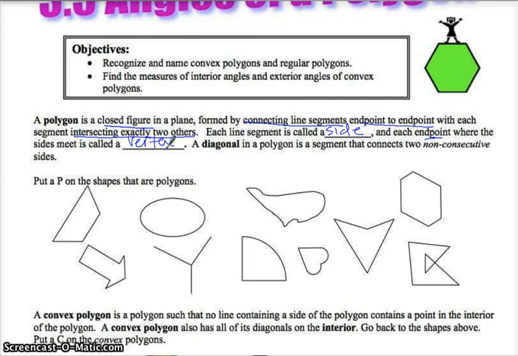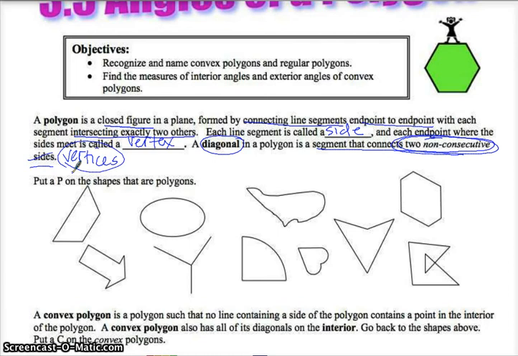Okay, so we have sides and vertices, plural form. Then we're going to talk about diagonals. A diagonal in a polygon is a segment that connects two non-consecutive vertices. So down here, put a P on the shapes that are polygons.